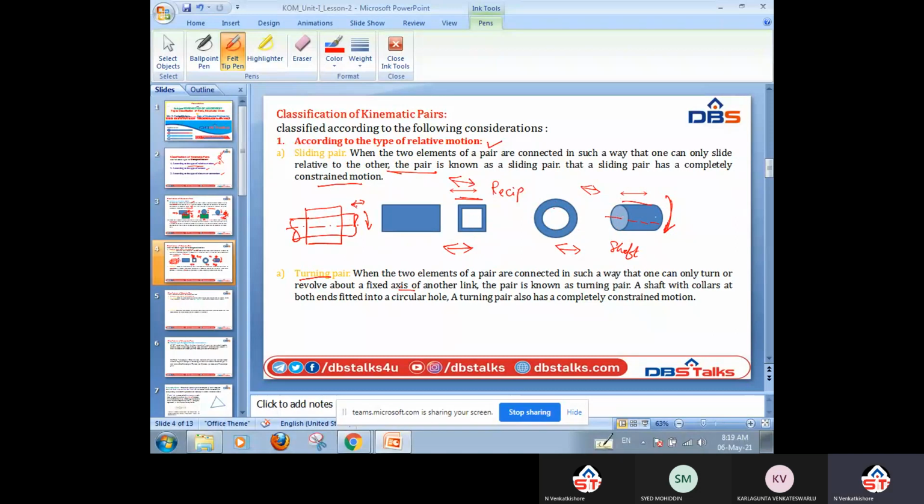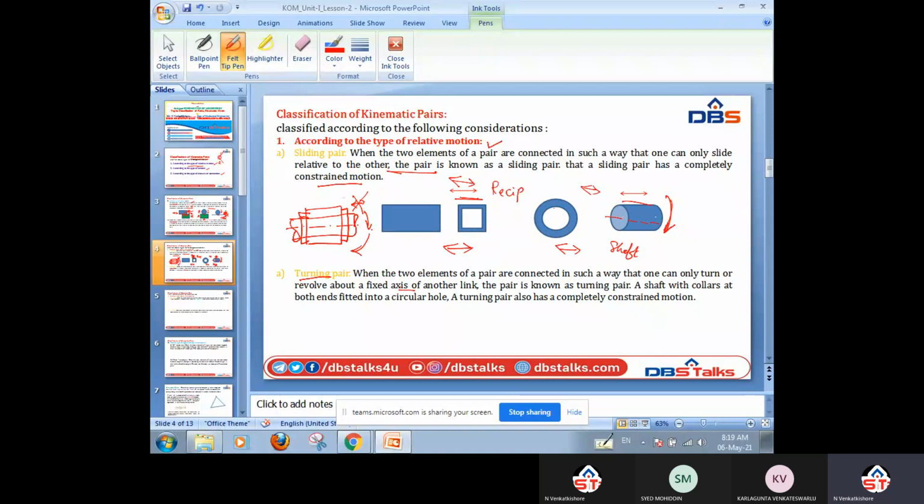But this has more than one motion, that is circular and, at the same time, translation. Whenever we place a collar here, and here also we place a collar, this is called a collar. Whenever we fit the collar, it doesn't move in the forward and backward direction, it doesn't move in reciprocating motion. The only possible motion is rotation.